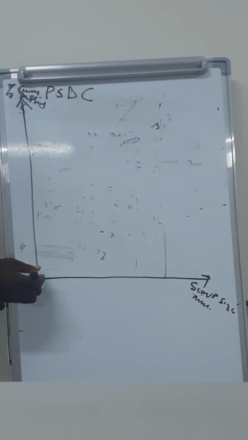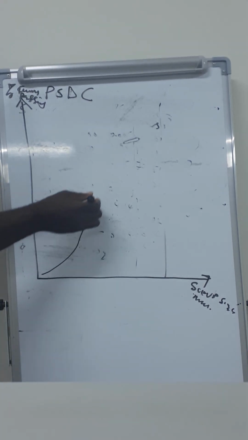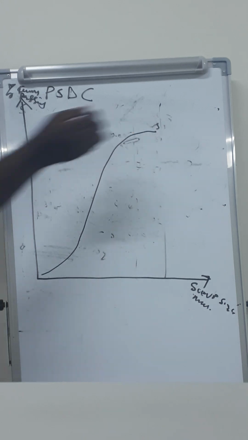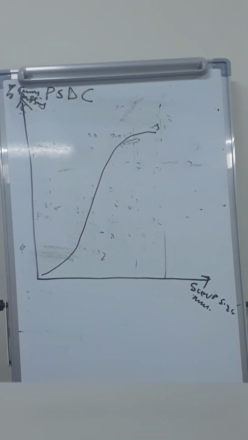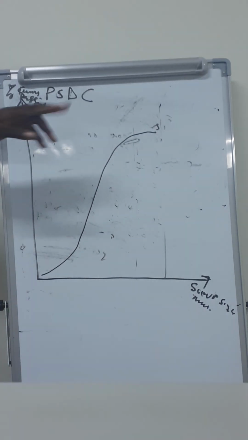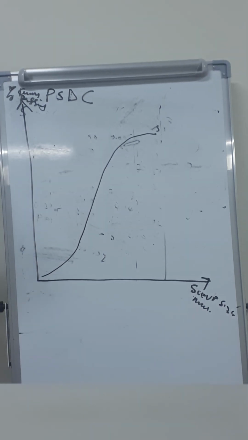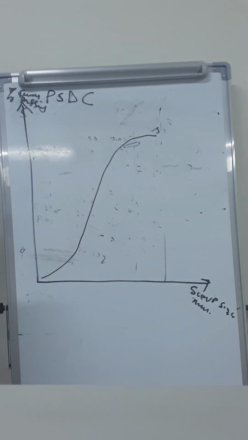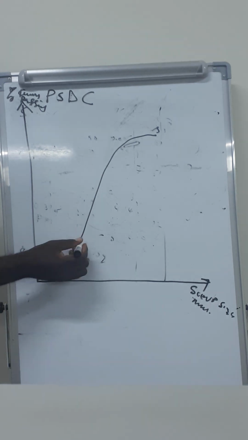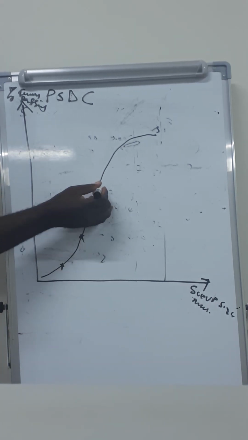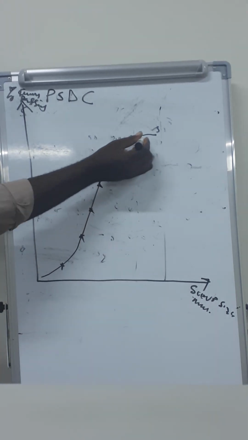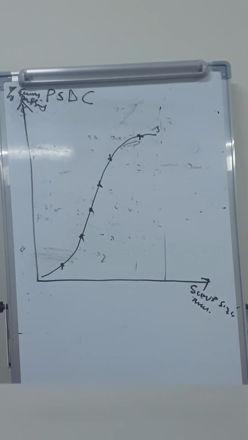When this graph is carefully plotted with a suitable scale, a graph of this trend is produced. This is the particle size distribution curve plotted.